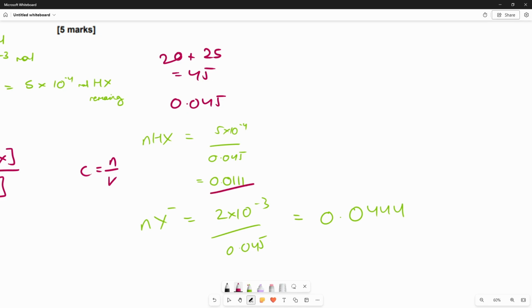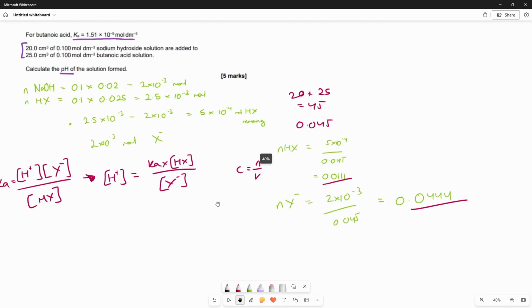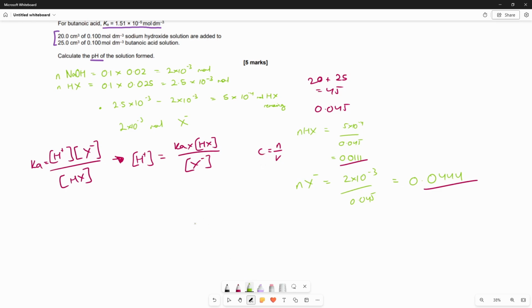So let's substitute this and this into our equation for the concentration of hydrogen ions so that we can find the pH. When we do that, we get [H+] equals 1.51 times 10 to the minus 5, which is the Ka, times 0.0111 divided by 0.0444.